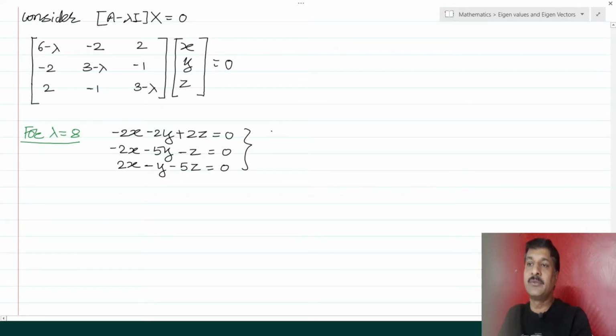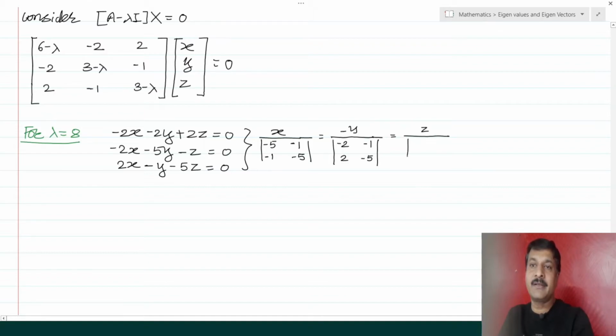By Cramer's rule, you can find the values of x, y, z. So by the last two equations, by Cramer's rule, I am getting x upon the determinant of minus 5, minus 1, minus 1, minus 5, equal to minus y upon the determinant of minus 2, minus 1, 2, minus 5, and z upon the determinant of minus 2, minus 5, 2, minus 1.